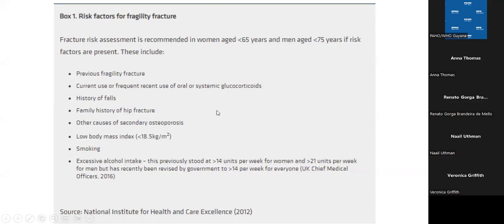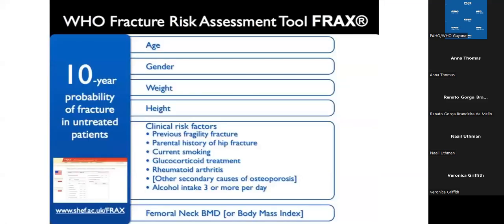And in most cases, these variables are sufficient to support a treatment decision. In most cases, we do not need a bone densitometry to decide if a patient needs to be treated.